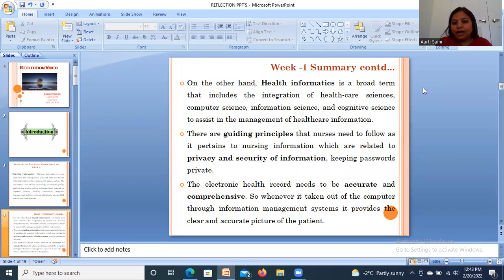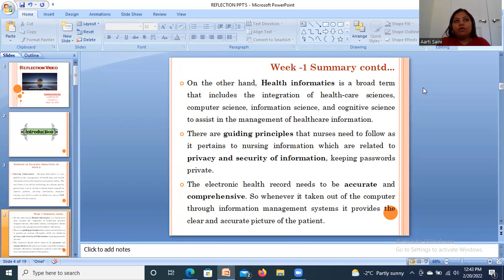Now, there are certain guiding principles which all the nurses are supposed to follow pertaining to the nursing information, which are related to the privacy and the security of the information.